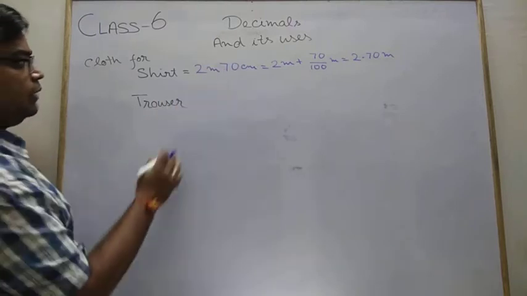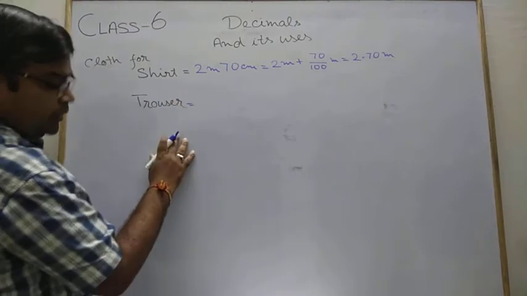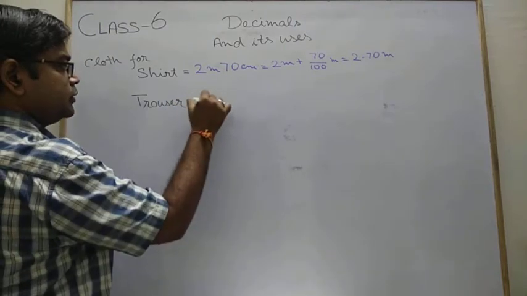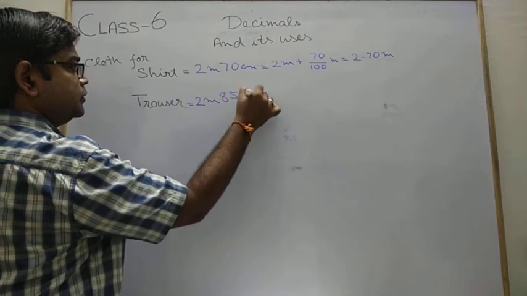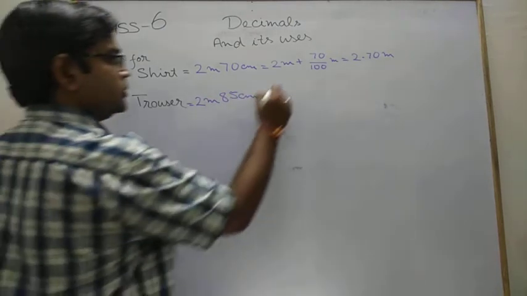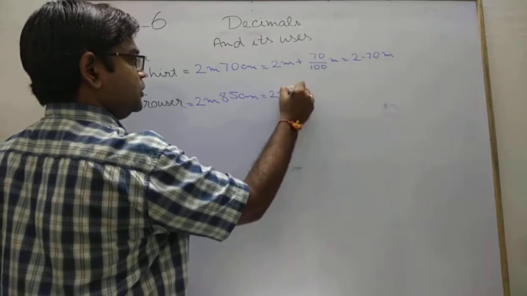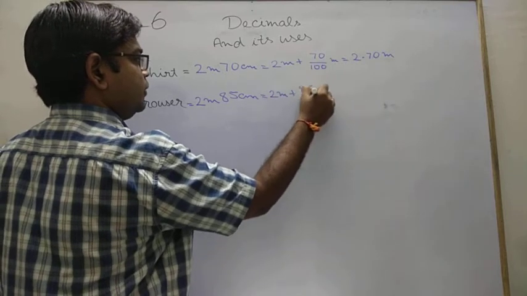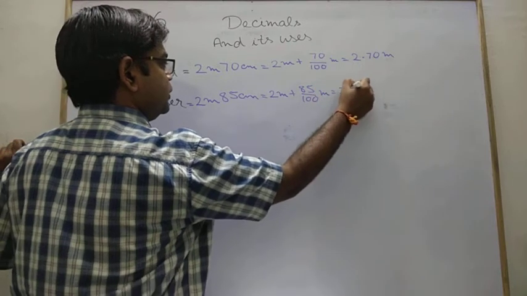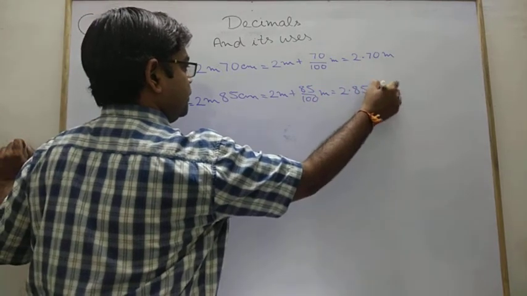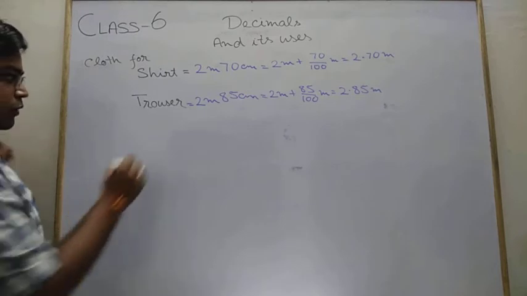In the trouser it is given 2 meter 85 centimeter. It means 2 meter plus 85 upon 100 meter, that is 2.85 meter.